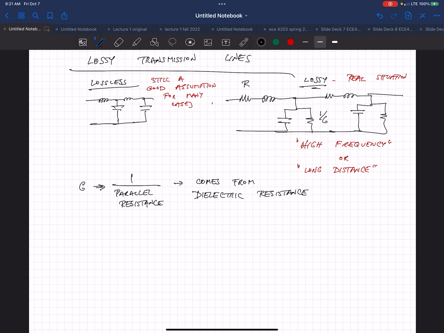So when you're twisting those, you get some kind of a repeatable inductance and capacitance. Well, that insulator between the wires is a pretty good insulator at low frequencies, but as you go higher and higher in frequency, it actually gets to be less and less of a good insulator. You start getting a small current going through the insulator.